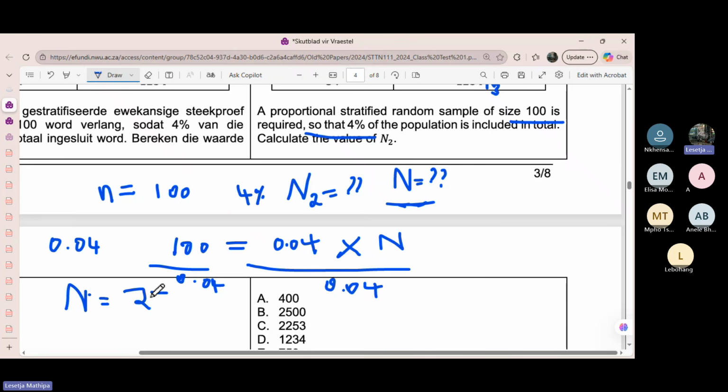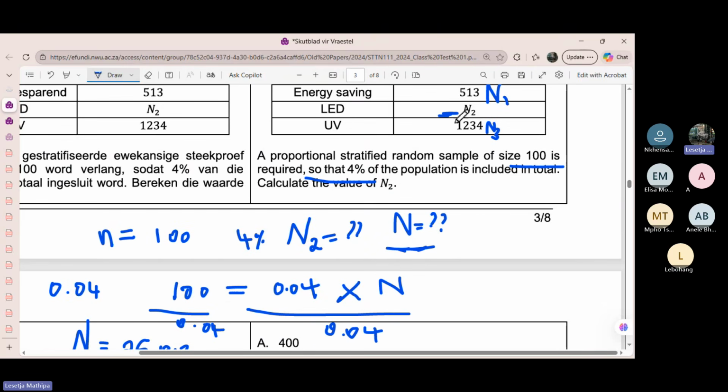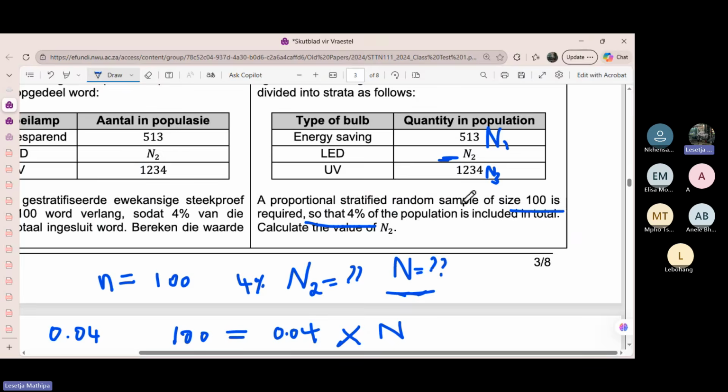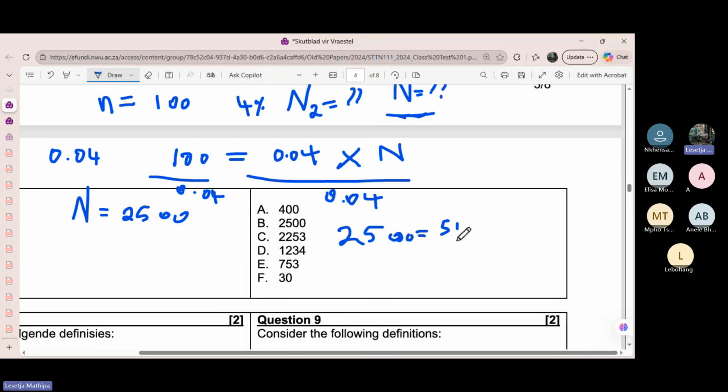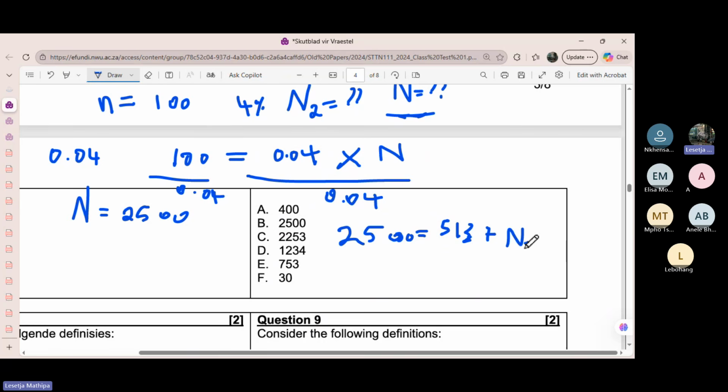Okay, this is equal to 2,500. So now we have our population, the whole population. It's going to be easy for us to find N2. We're going to say 2,500, which is equal to N1. What is N1? It's equal to 530, plus N2, because we are looking for N2.